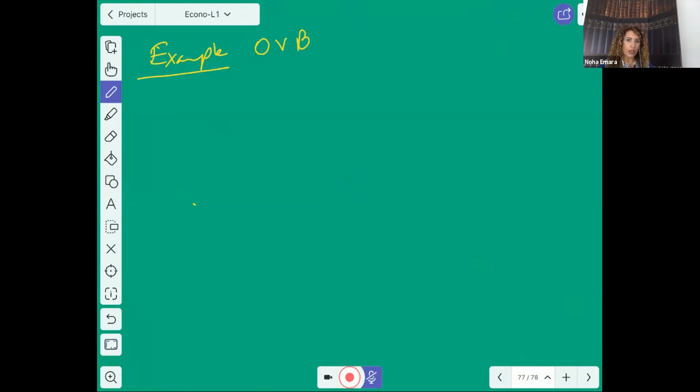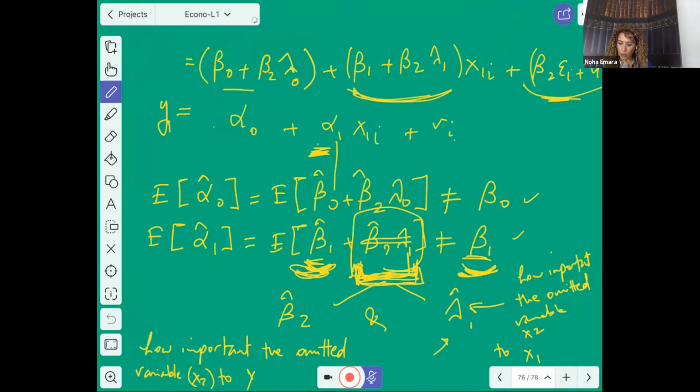I call it bias if the two conditions are satisfied, this one and this one: it's important to the y, and it's correlated with the x. If these two conditions happen, then I call it a bias. If they don't happen, like just one of them, then I call it just an omitted variable problem. It's just a name, okay?